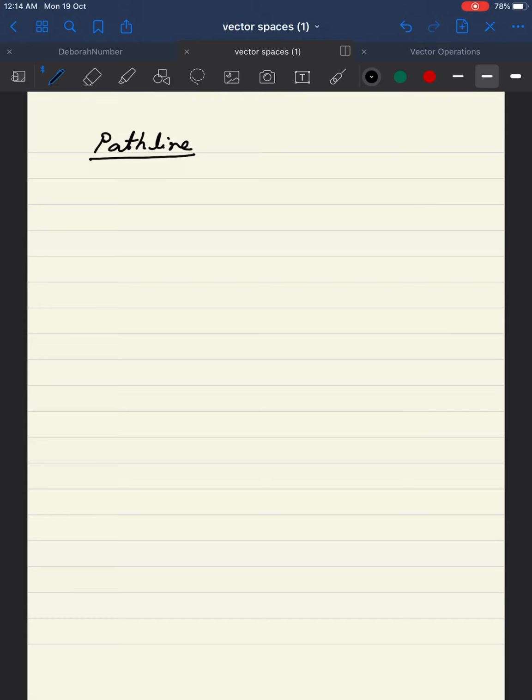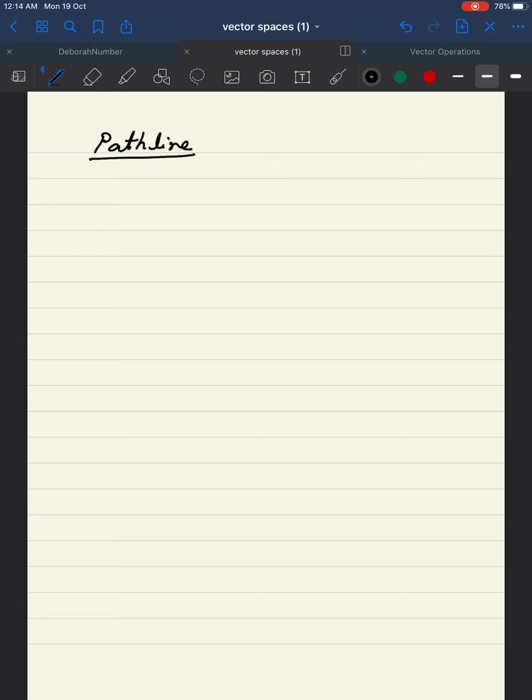And a path line is more simple to understand. It's very intuitive, because in the path line you are following the trajectory of a particle. That's rather straightforward.